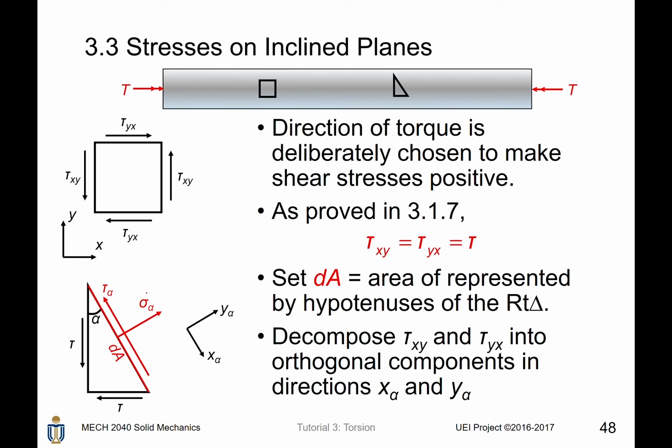Therefore, we can derive the direct stress and the shear stress acting on this inclined plane by using this triangular wedge. Next, we decompose tau xy and tau yx in the direction of x alpha and y alpha.